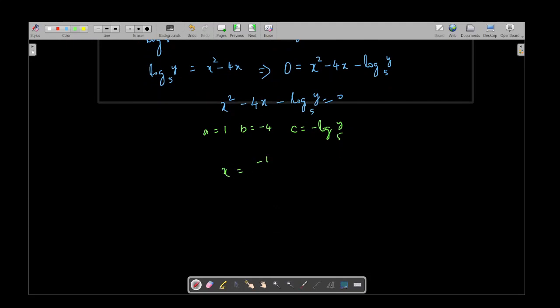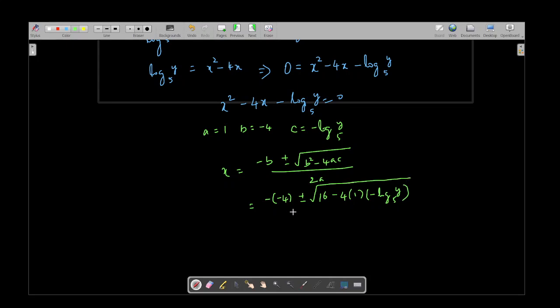x is equal to minus b plus or minus square root of b square minus 4ac, divided by 2a. So minus of minus 4 plus or minus square root of b square, which is 16, minus 4 into a, which is 1, and c is minus log y to the base 5, under the square root, divided by 2 into 1 which is 2.